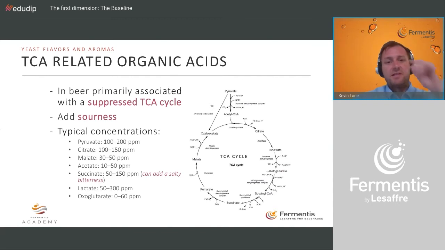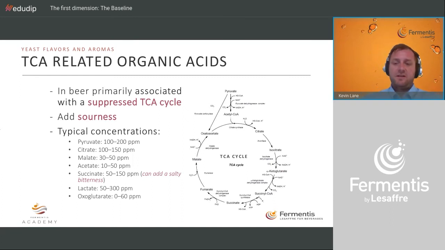So the TCA-related organic acids in beer are primarily associated with a suppressed TCA cycle. They add sourness to the beer, some acidity. You can see the typical concentrations. Also, some can add a salty bitterness flavor to the beer.